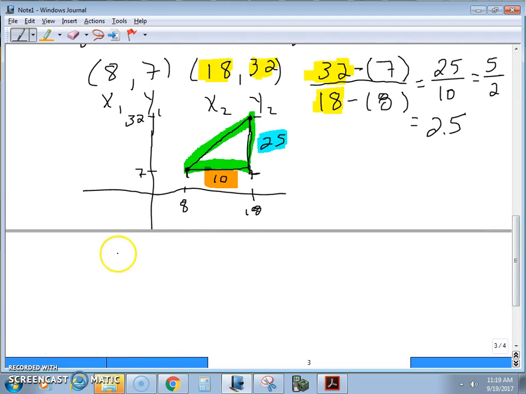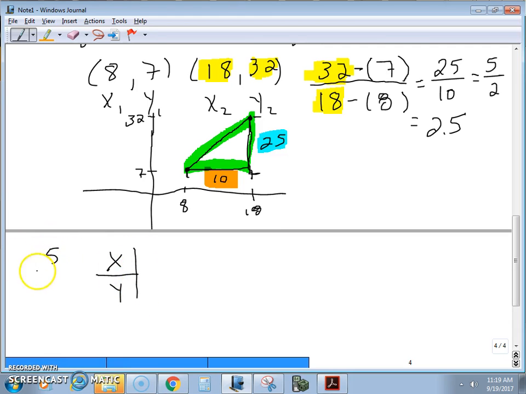Now if we take a look at the table, where we have x here and y here, our slope is 5 over 2.